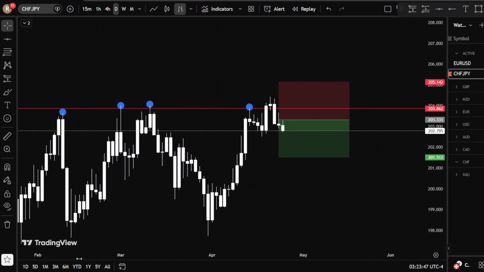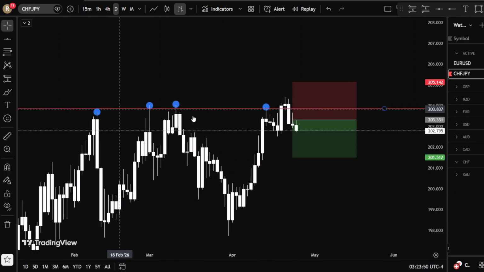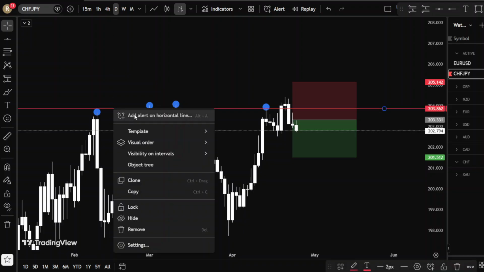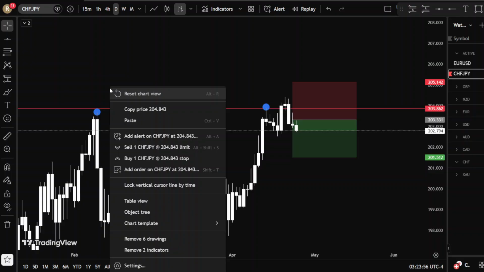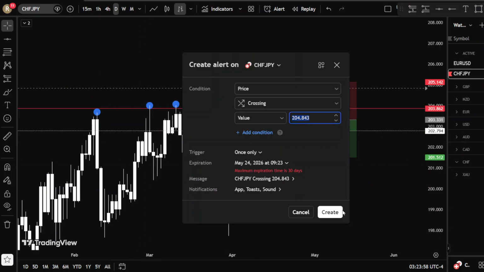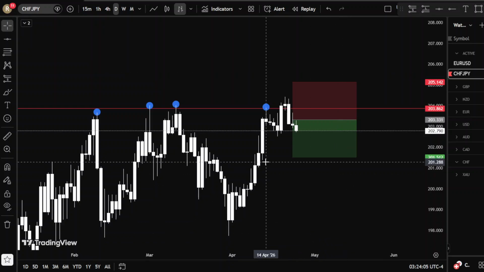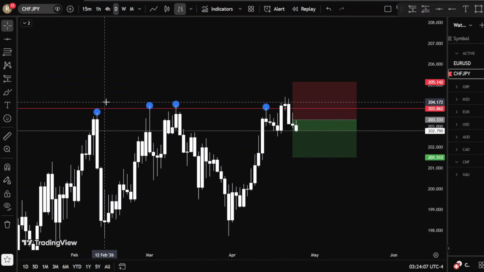The only thing I did was before price got here, I added an alert around here. I can't add it now, but this you do on the weekend, you add the alerts on the right spots.